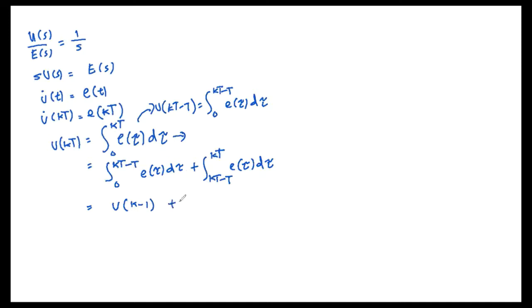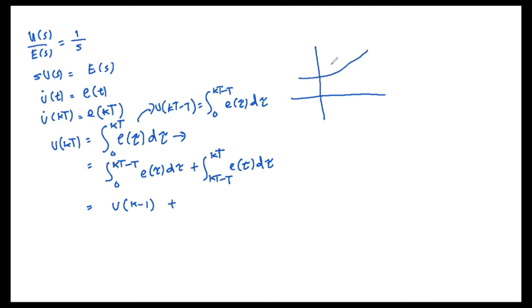The second quantity is an approximation. So this is where the numerical approximation comes in. So consider that we have a function e. The integral from kT minus T to kT of function e is basically trying to find the area under the curve of e.